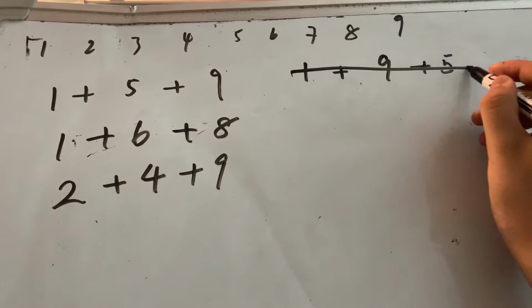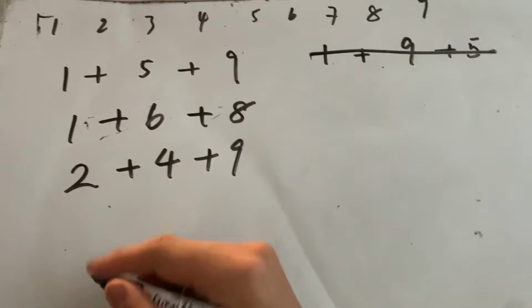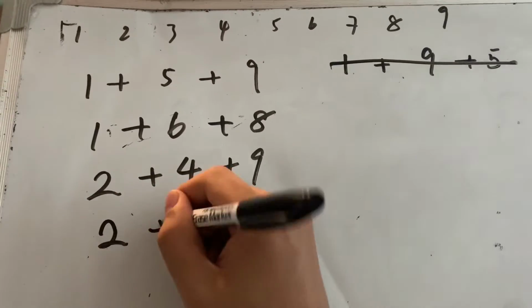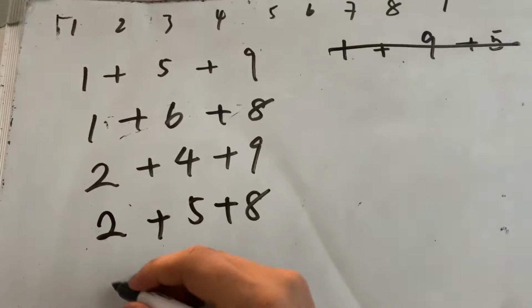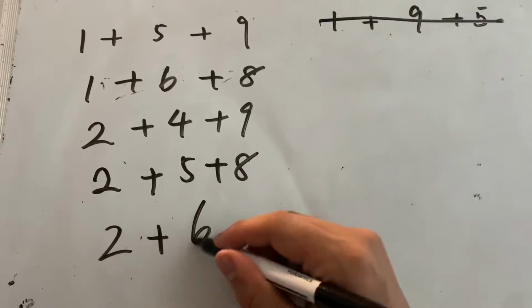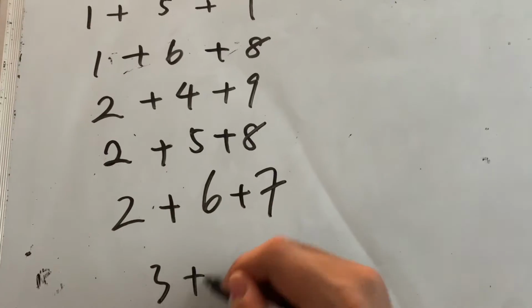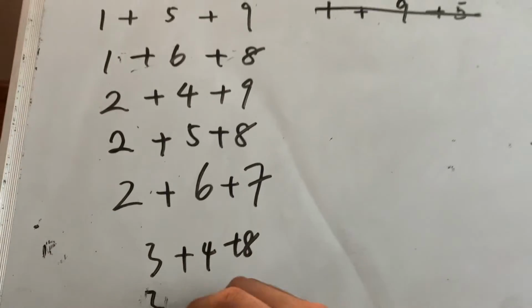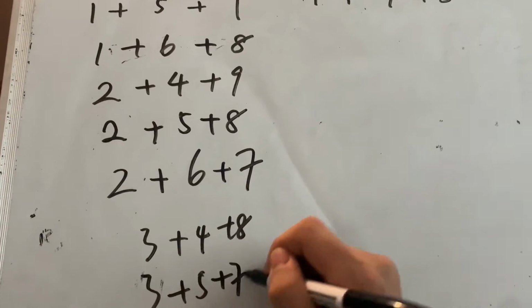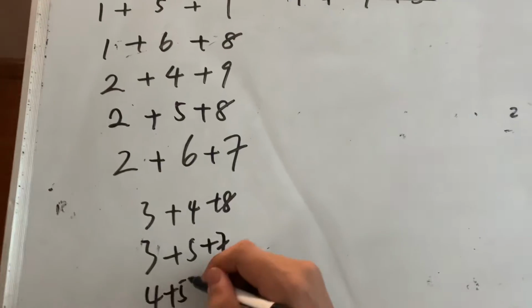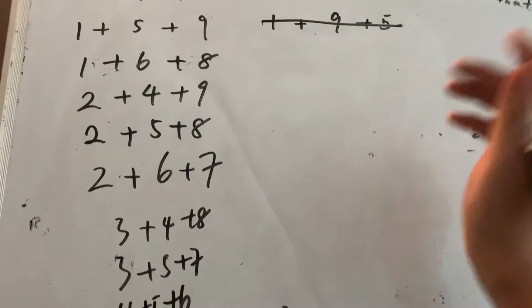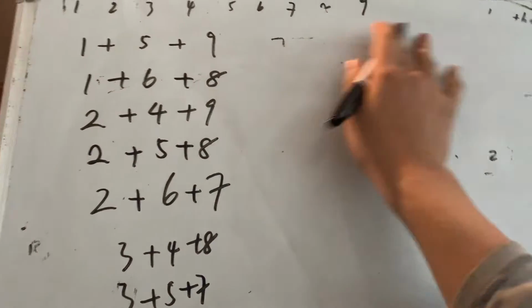I consider them one type. Then it's 2 plus 4 plus 9, 2 plus 5 plus 8, 2 plus 6 plus 7, 3 plus 4 plus 8, 3 plus 5 plus 7, and 4 plus 5 plus 6. So as you can see, there are 8 ways to form that, right?